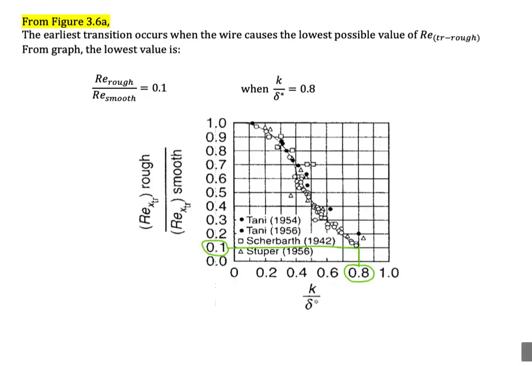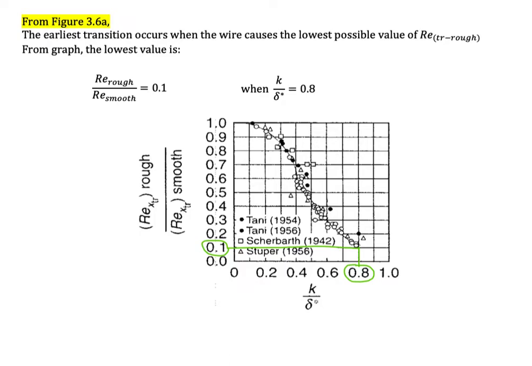So, the earliest transition from the figure here is when the wire causes the lowest possible value of Reynolds number. This is the second question actually, because we want to calculate the earliest point at which we could create the transition. Here is the graph again from the previous researcher.